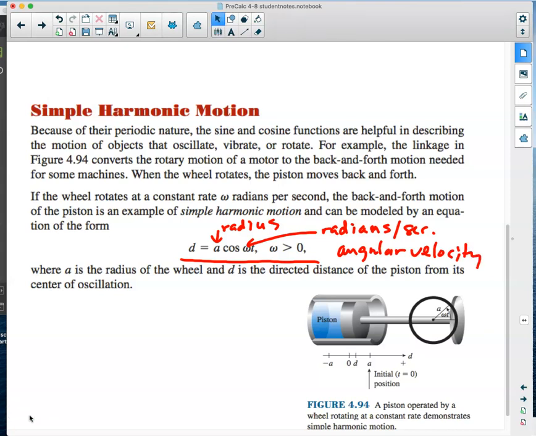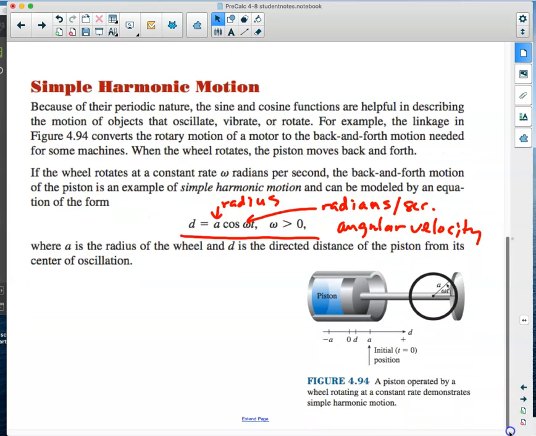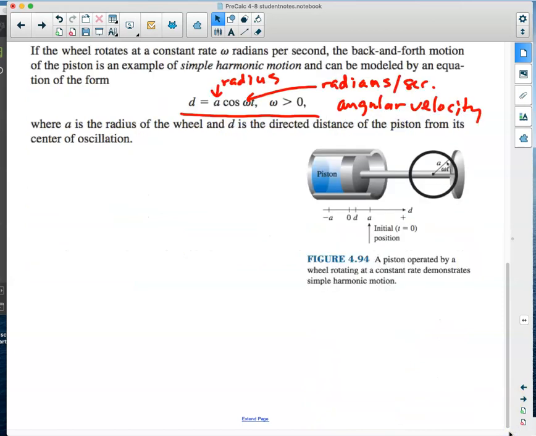So we have a nice little simple harmonic motion formula to take a look at, and we see down in the drawing underneath figure 4.94, it says a piston operated by a wheel rotating at a constant rate demonstrates that simple harmonic motion. Now, let's take a look at the picture a little bit more, and I know some of this is really small, but there is our A value right there, the radius.